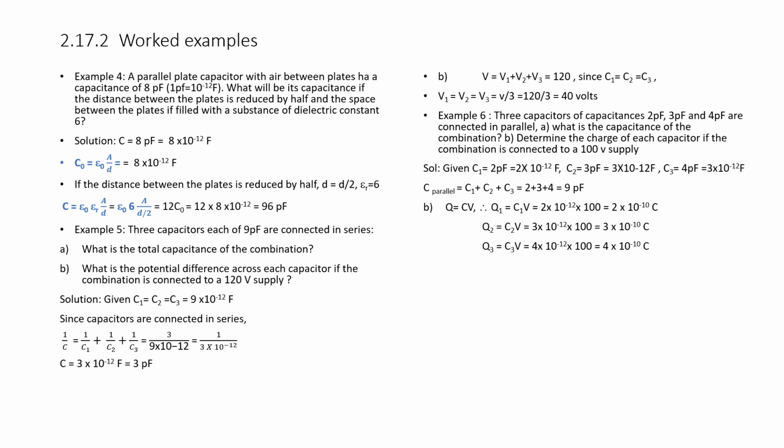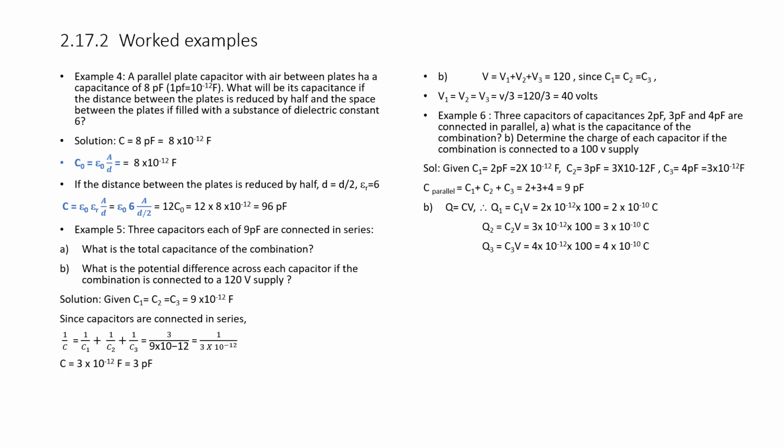Q1 equals C1V, that is equal to 2 into 10 to the power of minus 12 into 100. Please note, the charge in case of parallel is divided in proportion to the capacitance. Therefore, voltage is constant. The charge gets distributed in proportion to the value of capacitance.